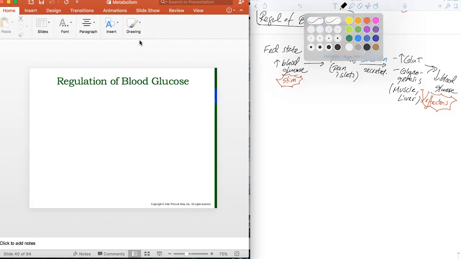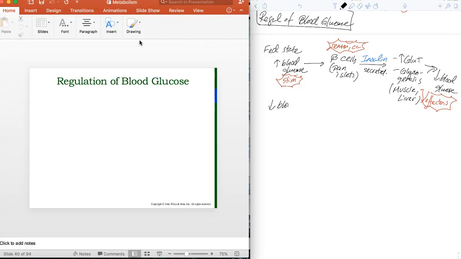And then the flip, decrease blood glucose. You have your alpha cells of your pancreatic islets. So glucose is going down, right? What's released when glucose is almost gone? Glucagon. Sounds like a commercial. So glucagon is released. That is secreted into the blood. And the big target here will be the liver.